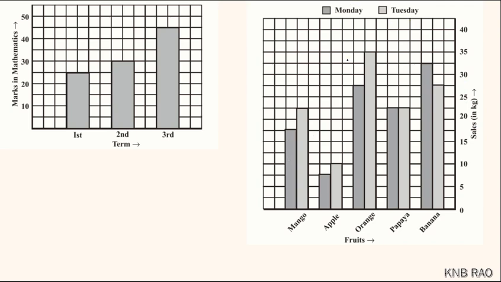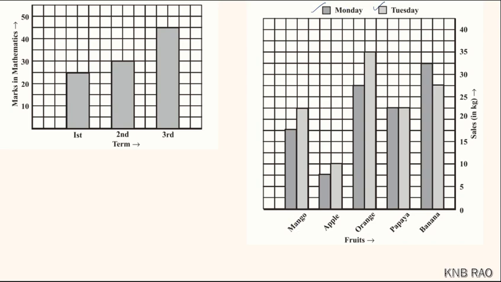Monday is darker, Tuesday little lighter, those bars are representing. Normally a double bar graph will have 2 sets of data, and to differentiate that we need to represent with the help of color, and specify what color means which set.